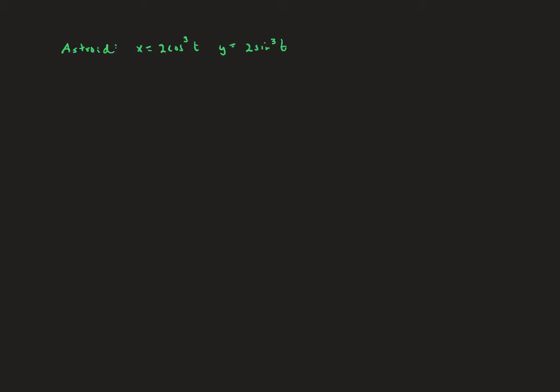You can graph this on your calculator, and you can choose the t values to go from 0 to 2 pi, and you can choose your x min and x max on your calculator to go from -3 to 3, and the y values to go from -2 to 2.